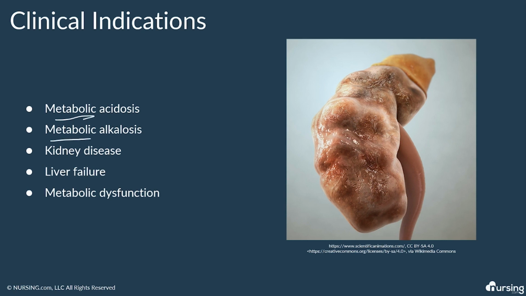Now, remember, we're talking kidney and we're also talking bicarb. So this is going to be metabolic. It's also indicated in the case of kidney disease, liver failure, or any related metabolic dysfunction. It's all about the kidneys when it's metabolic.